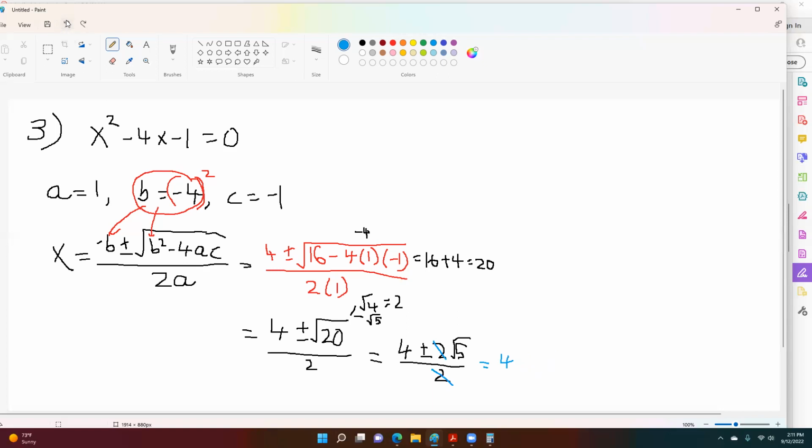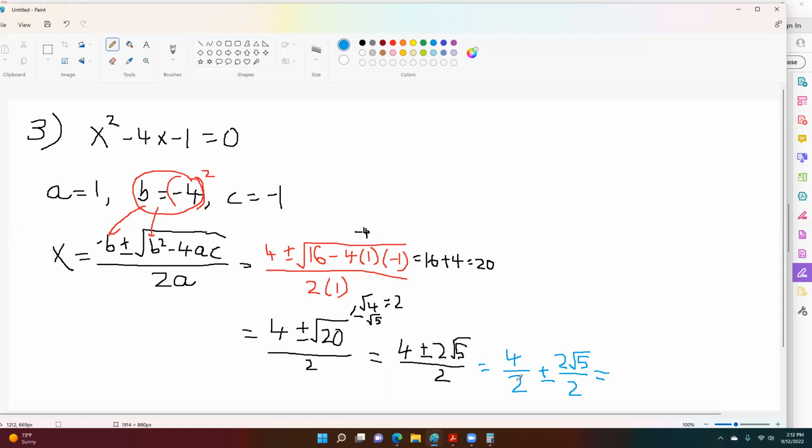So how do we fix this? In order for us to fix this, you separate this into two. So the division, you do it over 2. That means you separate the denominator over 2.